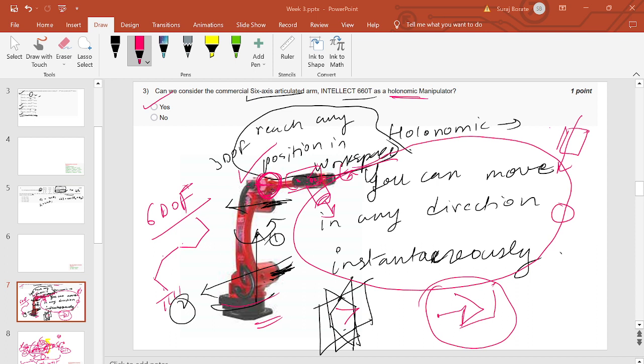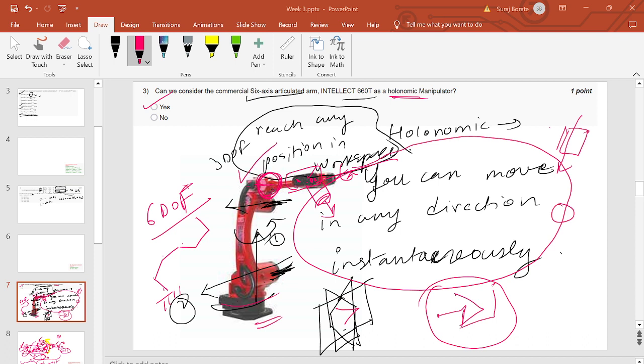Here also I will try to show you some industrial video. See here, this is also one design. So there can be different designs for the wrist. Here also you see there are 3 degrees of freedom.